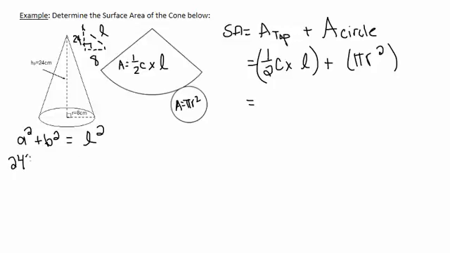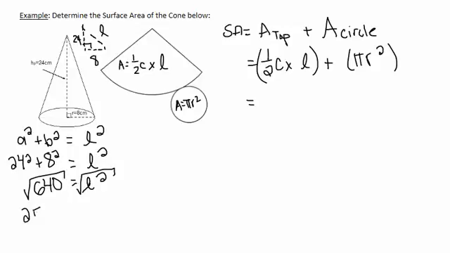So 24 squared plus 8 squared equals L squared. So we get 640 equals L squared. And we'll take the square root of both sides. And we get 25.30 centimeters as our slant height.